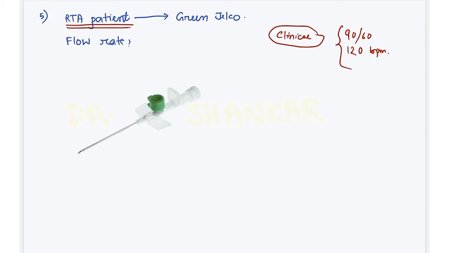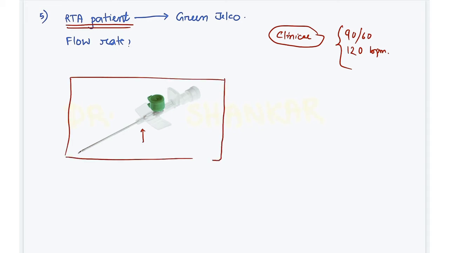The visiting surgeon asked the intern to infuse intravenous fluid as early as possible. With this color intravenous cannula, this is green color, the question asked is, what is the flow rate for this cannula?